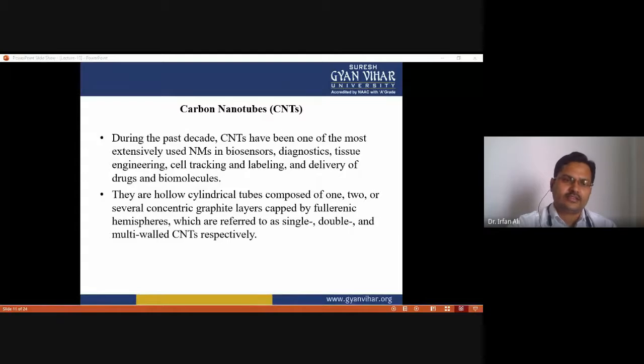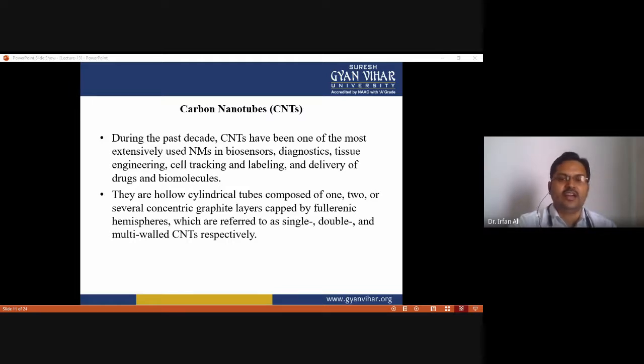So in that way, the carbon nanotubes. As we know, carbon nanotubes have been one of the most extensively used nanomaterials in biosensors, diagnostics, tissue engineering, cell tracking, labeling, and delivery of drugs and biomolecules. And they are hollow cylindrical tubes composed of one, two, or several concentric graphite layers.